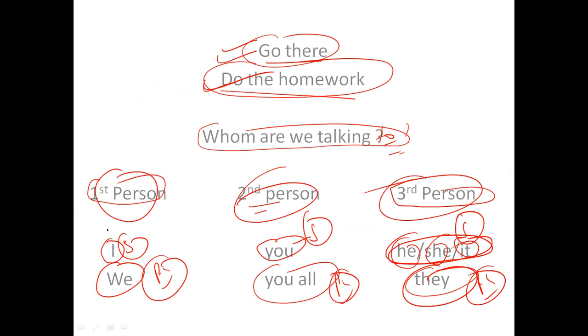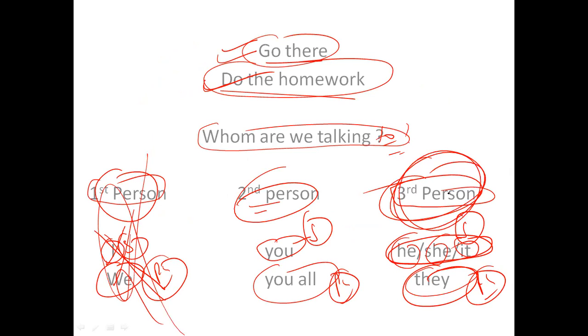Obviously, I cannot say to myself, go there or do the homework. So first person is not appropriate. Let's talk about third person, the person who is not available here. I cannot talk to them. So imperative can be formed only in second person.